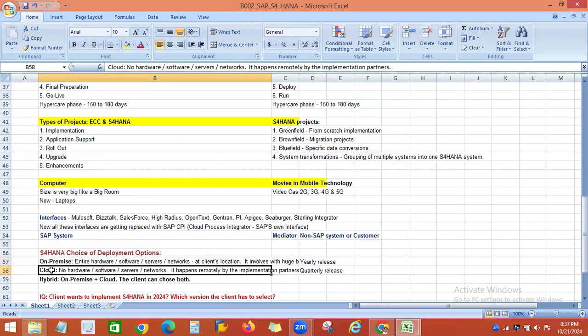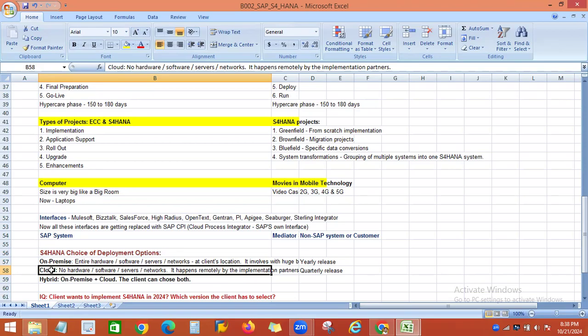Guys, you know nowadays AWS cloud is there, Azure cloud is there. What we are doing on cloud is purchasing some space from that particular cloud.